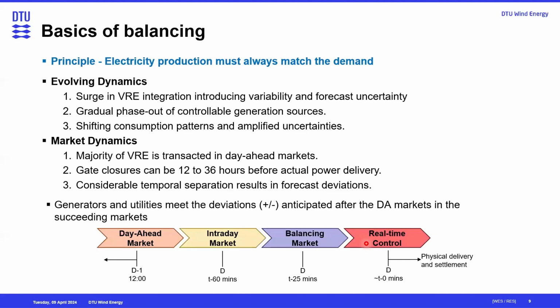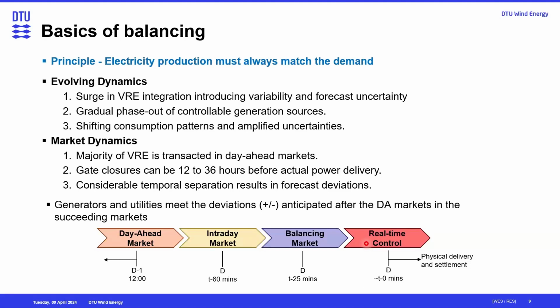Until now we had the day-ahead market, and then we are moving towards the intraday market, where the gate is closed 1 hour before, and then the balancing market, which is also trying to move closer to real time. That is getting close in Europe, and I'll come into more details later, up to 25 minutes.